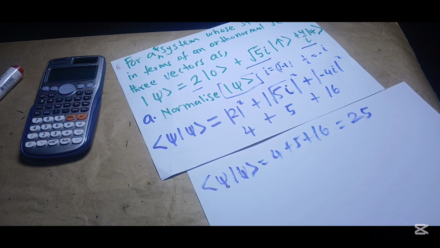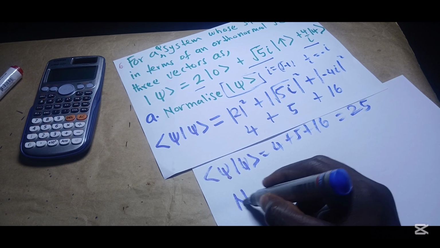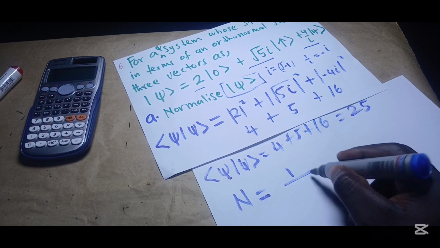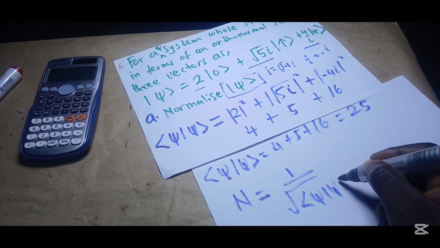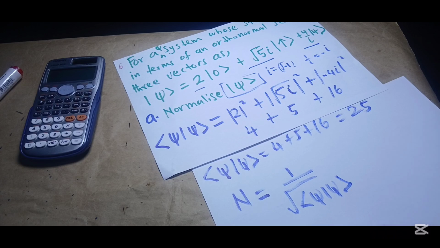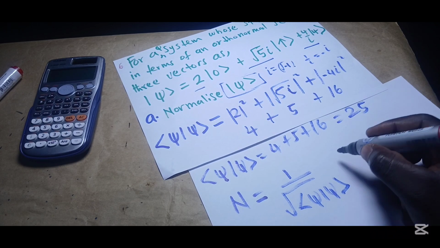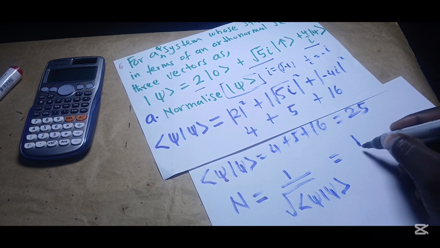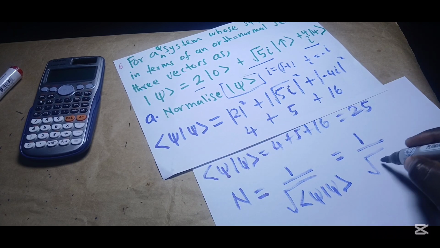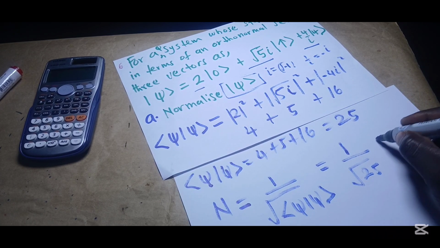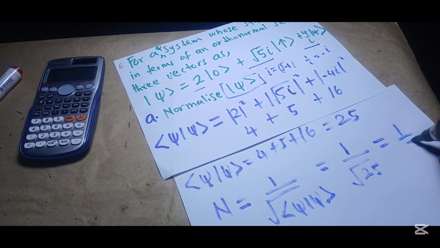Now that we are done with our norm, we calculate the normalization constant, which equals 1 over the square root of the norm. Our norm is 25, so this is 1 over the square root of 25, which gives us 1 over 5.